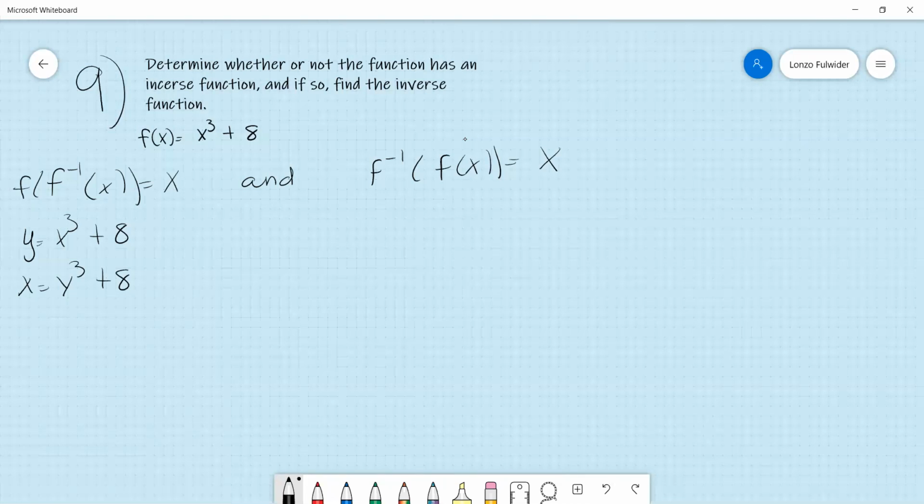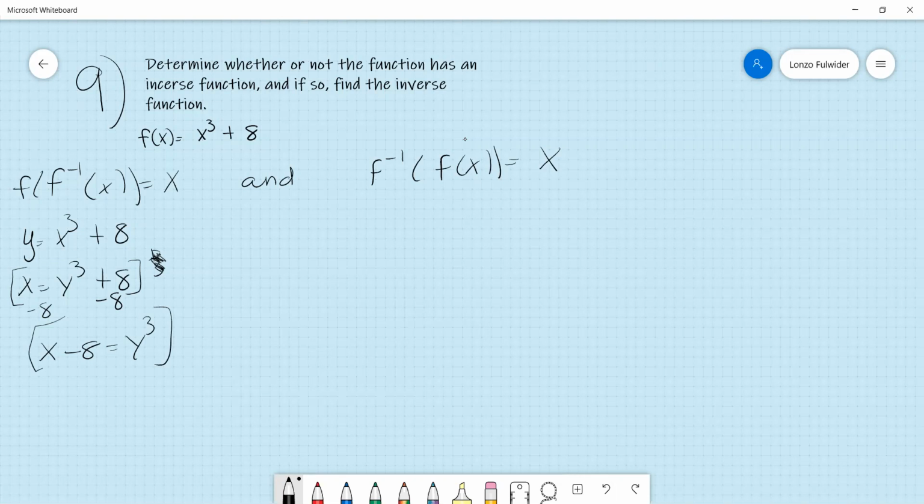So what I would do is raise everything to the 1/3 power. Actually, before I do that, I'm going to subtract that 8 from both sides. So you're going to get x minus 8 equals y cubed.